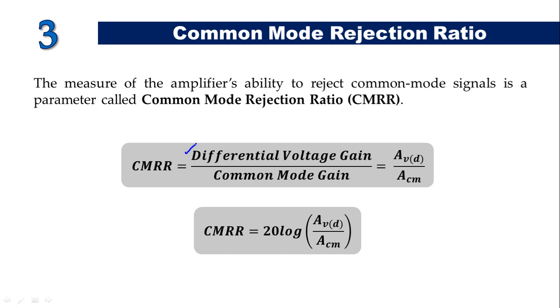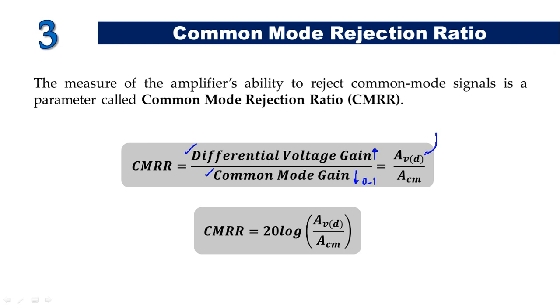Yan. So, CMRR daw is equal to the differential voltage gain divided by the common mode gain. So, gusto natin mataas yung ating differential voltage gain and then mababa yung ating common mode gain. Ideally, dapat nga 0 yan. Pero, wala kasing ganyan, no? So, meron tayong from 0 to 1.